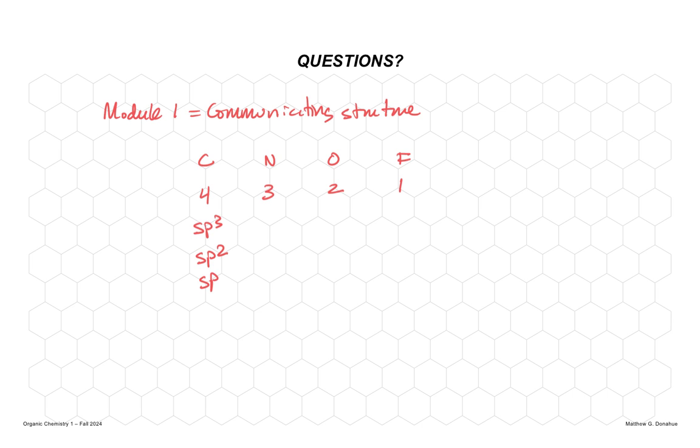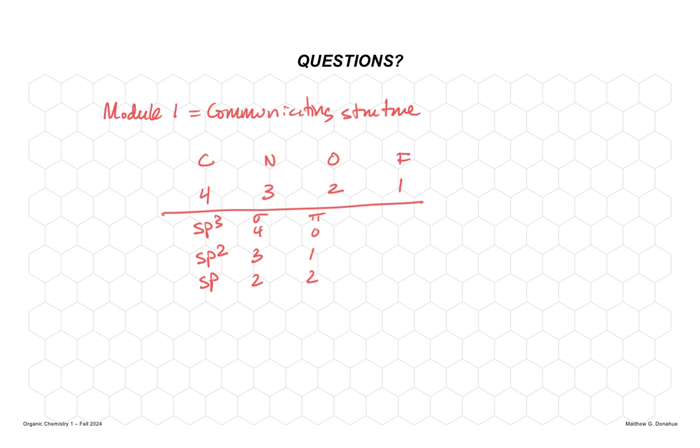So sp3 is 4 sigma, no pi bonds. sp2, 3 sigma bonds, 1 pi bond. sp, 2 sigma, 2 pi. And just keep in mind that the heteroatoms N and O can also be hybridized based on the functional groups they're present in.